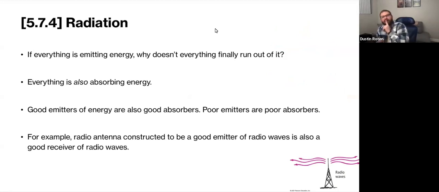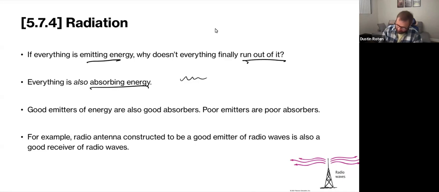Now, we can get to this question. If everything is emitting energy, why doesn't it finally run out of energy? So even though everything is always emitting energy, everything is also always absorbing energy. It's always a transaction.